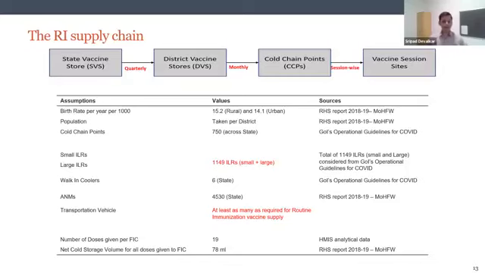So we calculated how many transportation vehicles would be required to meet the regular routine immunization demand, and assumed that many transportation vehicles would be available.